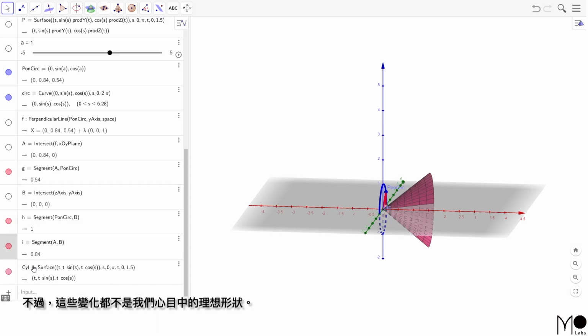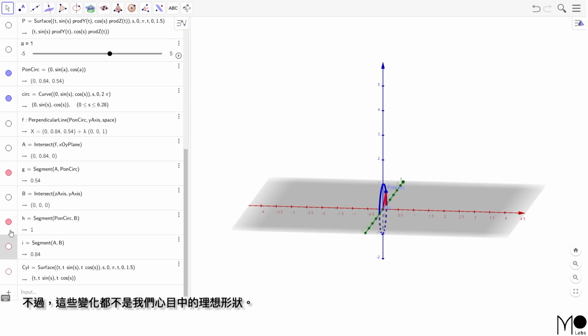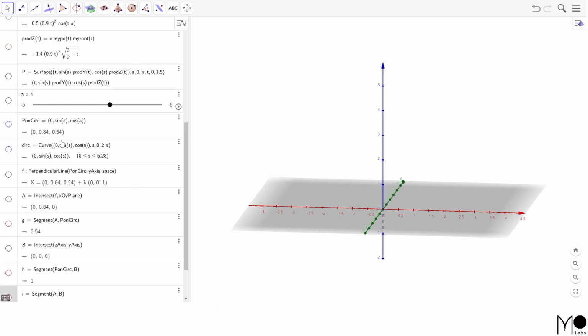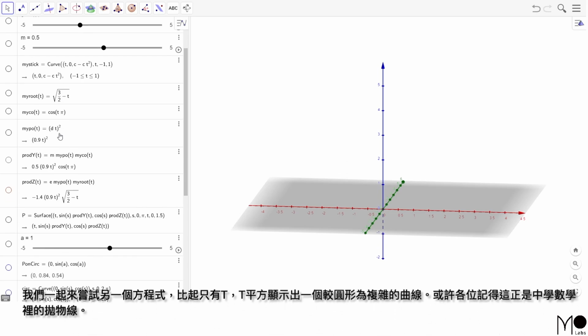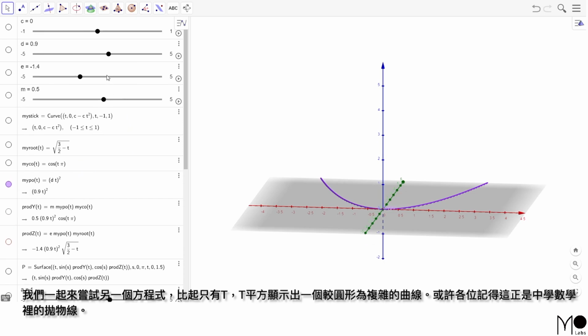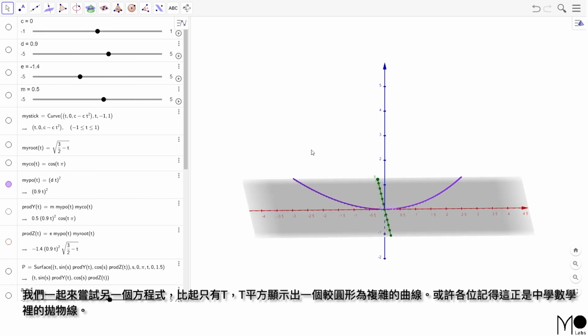And to explain that, let me first remove all this here and show you how to construct a mathematical curve, which is a little more complicated, of course, than just t. So, for example, I'm going to use this function.